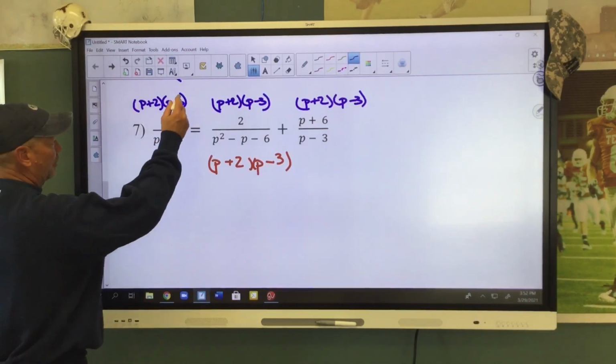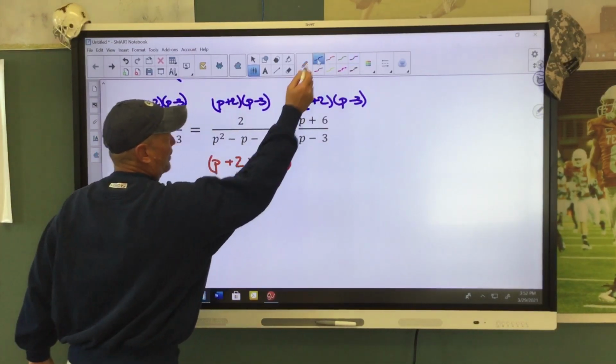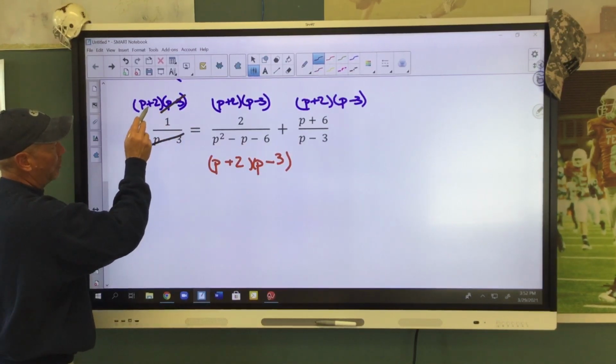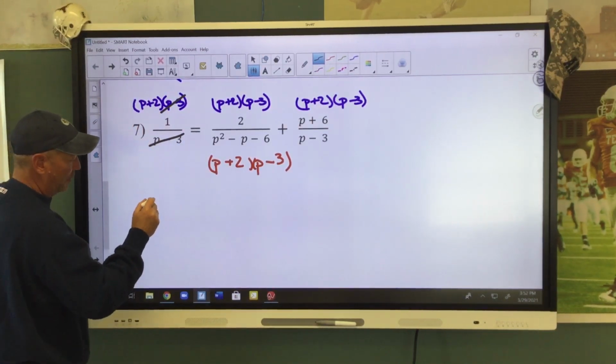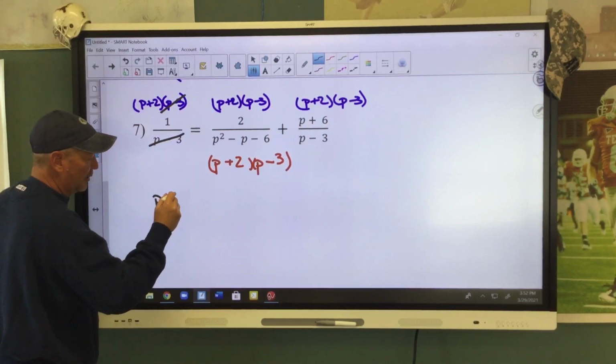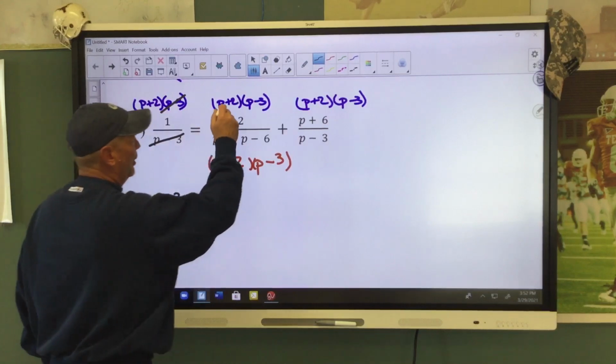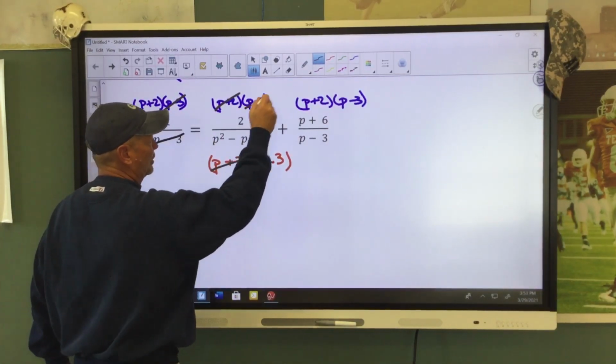The p minus 3s are going to cancel. Let's go change colors. The p minus 3s are going to cancel. P plus 2 times 1 is p plus 2. P plus 2 cancels, p minus 3 cancels.